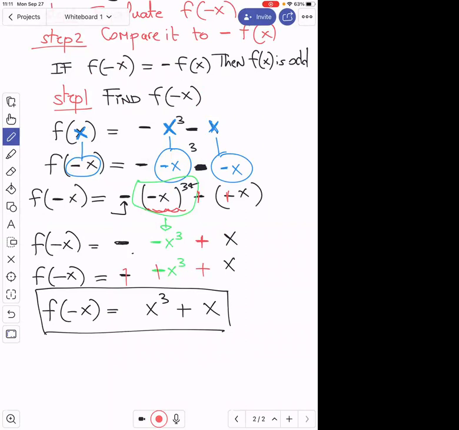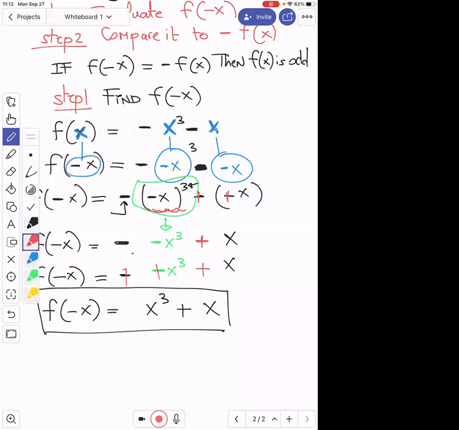So that's why, guys, as I said here, we can easily get confused because there are a lot of minus signs. So please use parentheses. Otherwise, it can be a mess. Okay. All right. So that's the first step. That's my f of minus x.